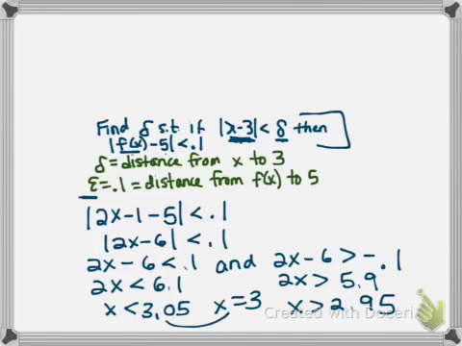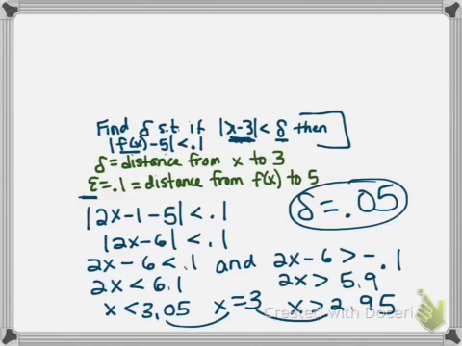How far apart are these from 3? It would still be 0.05, so delta equals 0.05. This is the exact same problem as I showed you with the graph, just written out algebraically with the same function f of x.